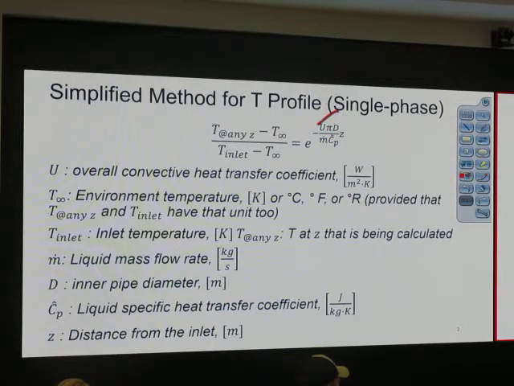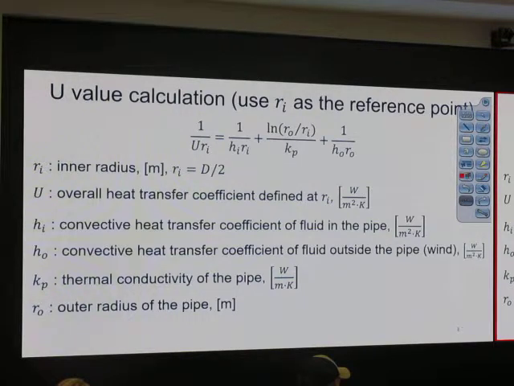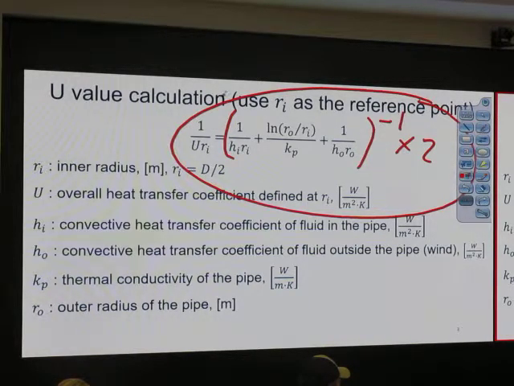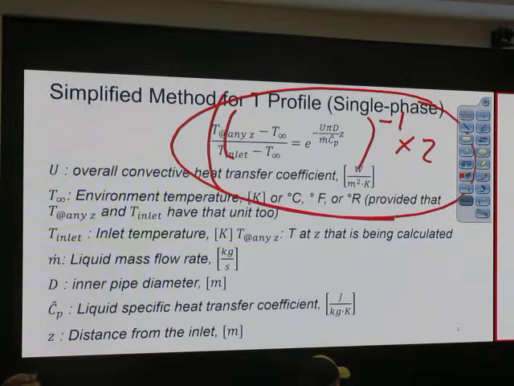Basically, U multiplied by D in this equation is equal to 2 U R_I, or you do this minus 1 and multiply by 2. So this whole term, just this part, is what you multiply by D, okay?